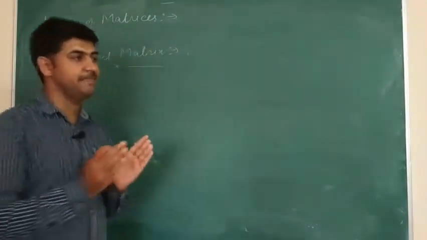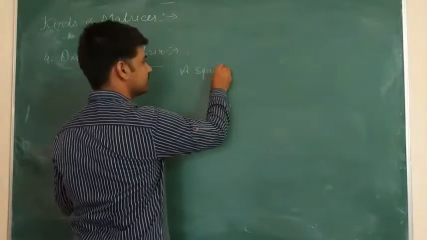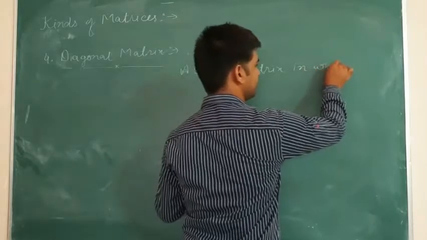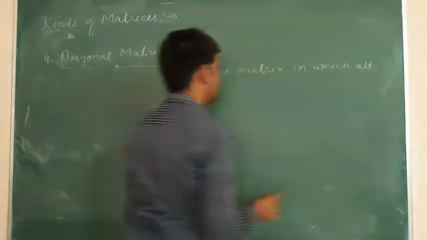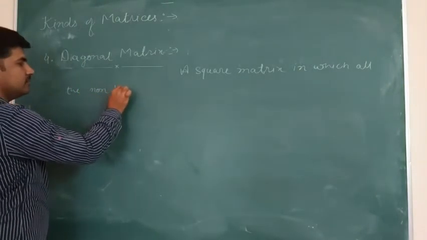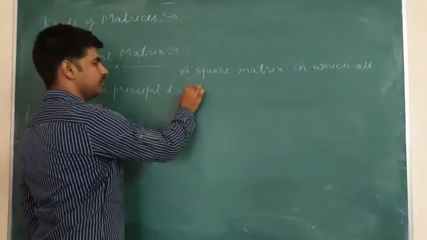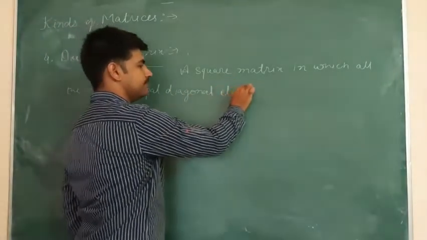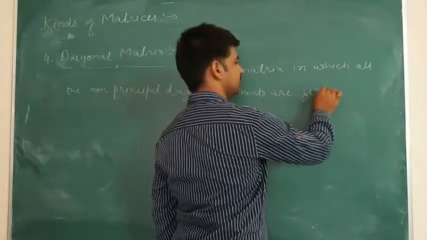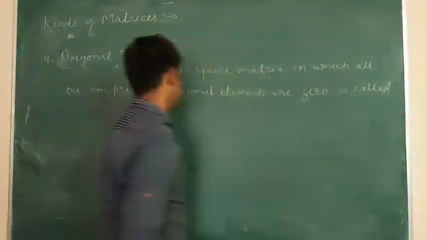So here I am writing the definition of a diagonal matrix. A square matrix in which all the non-principal diagonal elements are 0 is called a diagonal matrix.